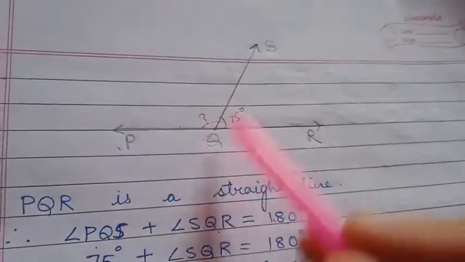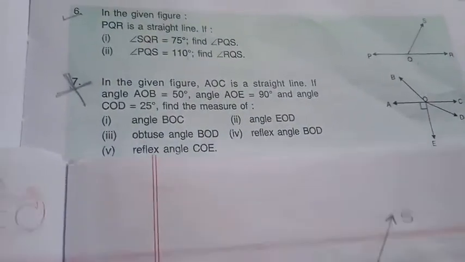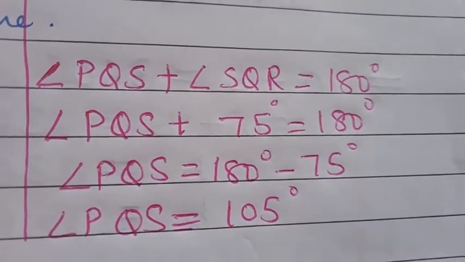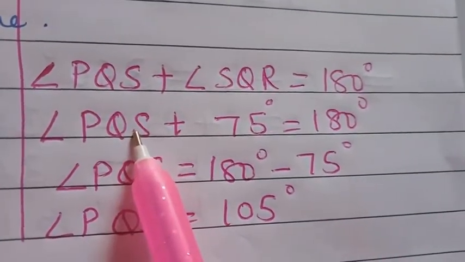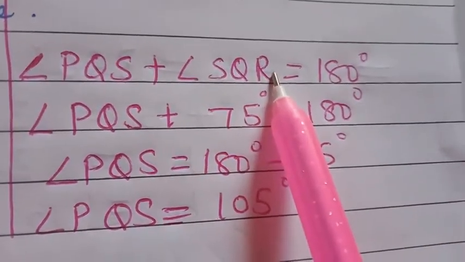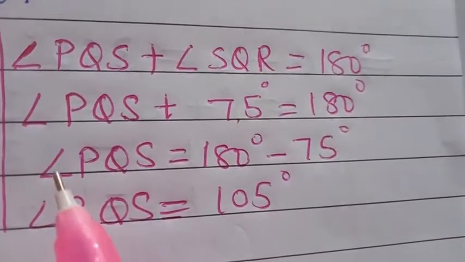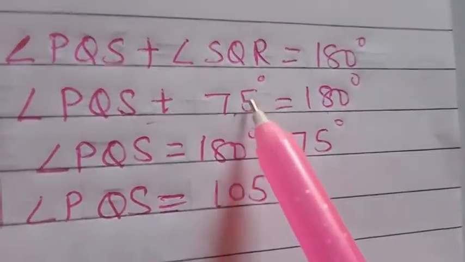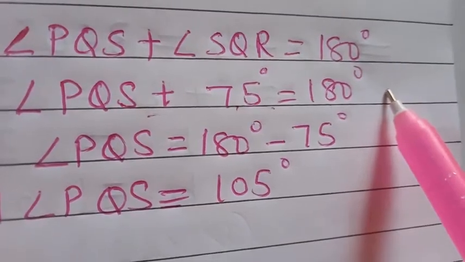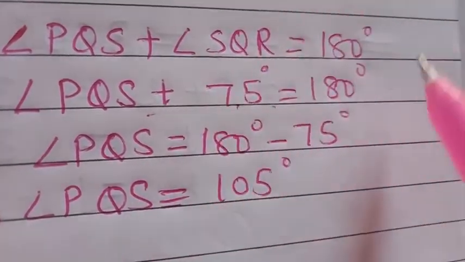We have to find PQS, and the value of SQR is given. So substitute the value of SQR: PQS plus 75 degrees is equal to 180 degrees. Now plus 75, when transferred to the right hand side, becomes minus 75.